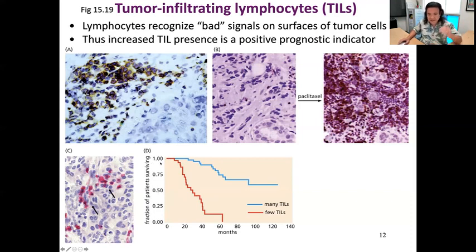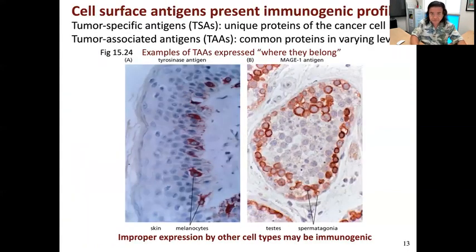The y-axis is the fraction of patients surviving over the course of many months and years. At the time of first being diagnosed, did their tumors show many of these TILs that were there fighting it? Or in some patients, were there very few TILs fighting it, right? So very compelling evidence that the immune response is still very relevant to a patient's prognosis.